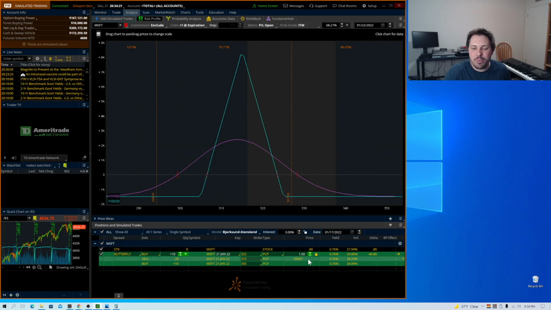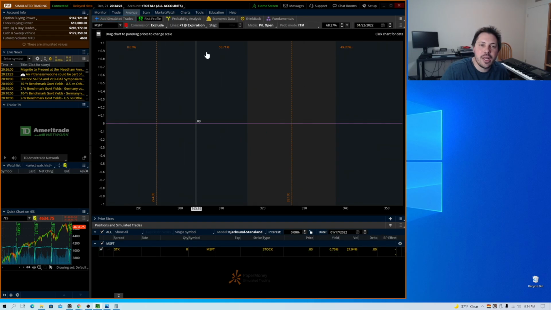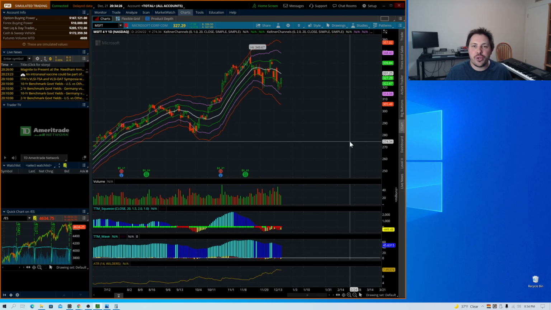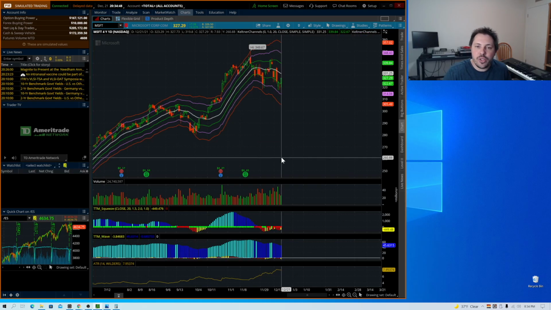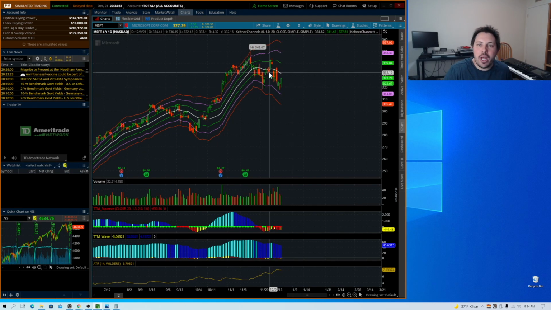So really important to understand there's no guarantees, but when we're looking at these trades, specifically the long call butterfly and the long put butterfly, they give us tons and tons of flexibility for the market not doing exactly what we think in the time that we think it's going to happen, and we still can make money, right? So one thing I want to talk about is where you could potentially lose money, right?